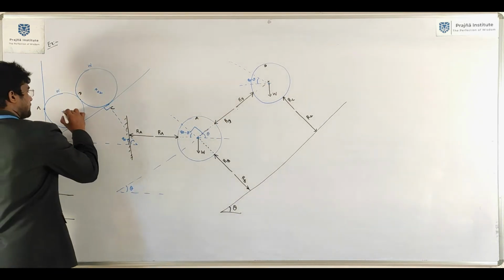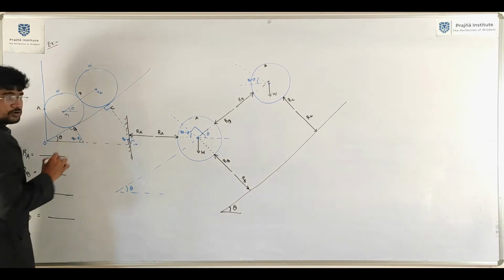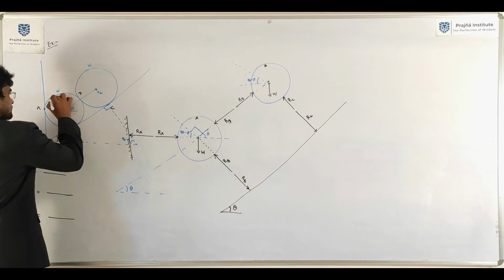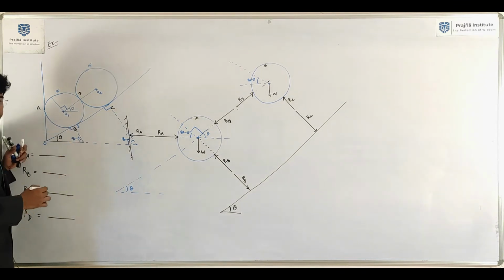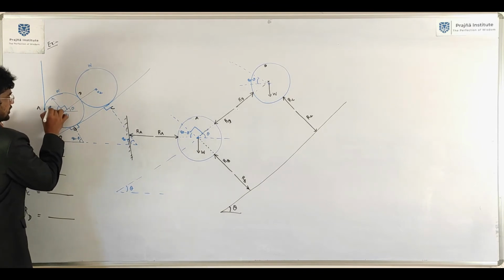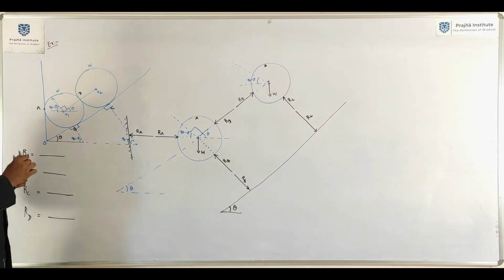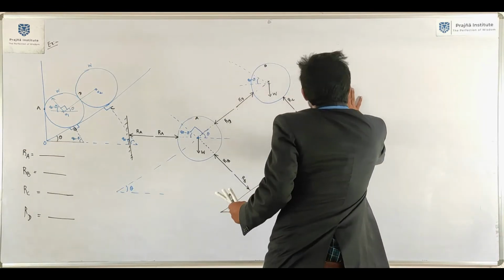It's very simple, man. It is theta, of course. This will be 90, of course, perpendicular to this. If it is 90 from here to here, then 90 minus theta. That's it. So understood?